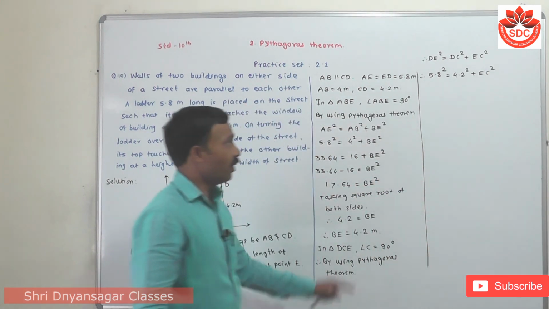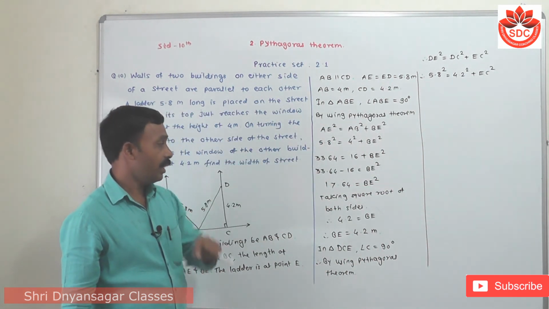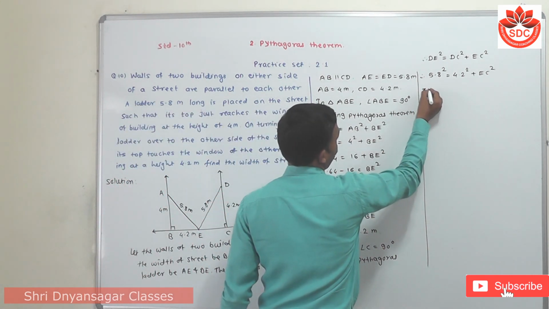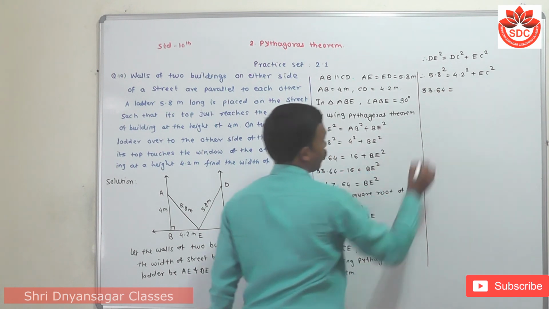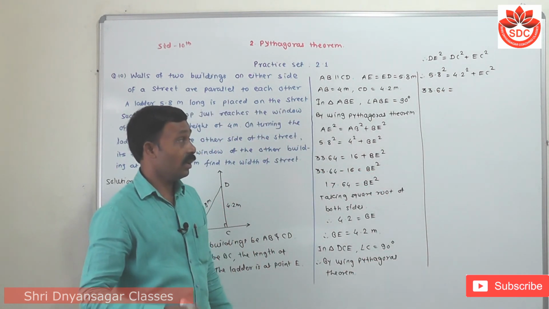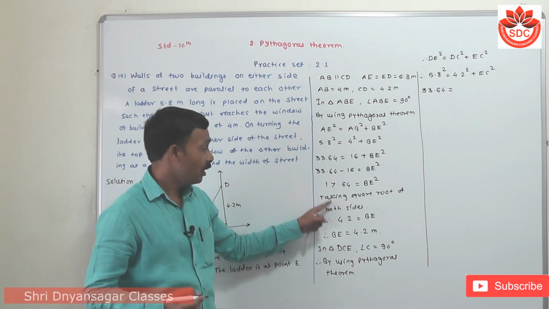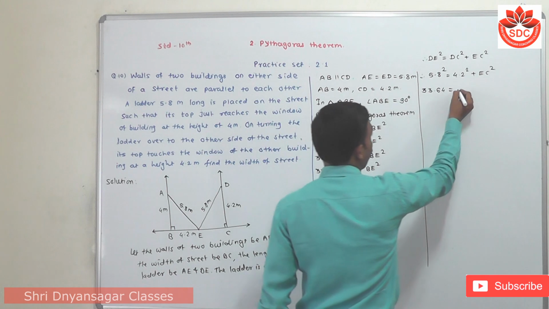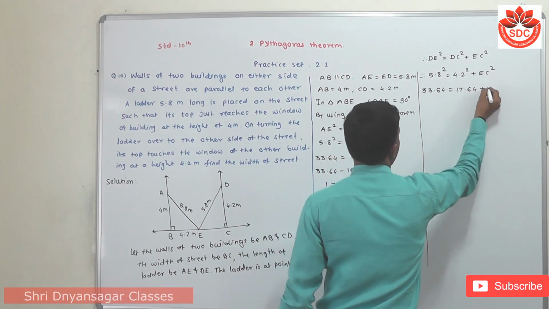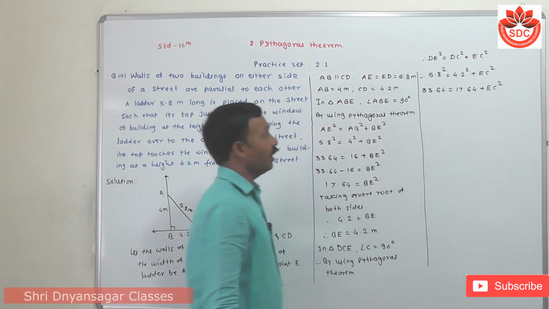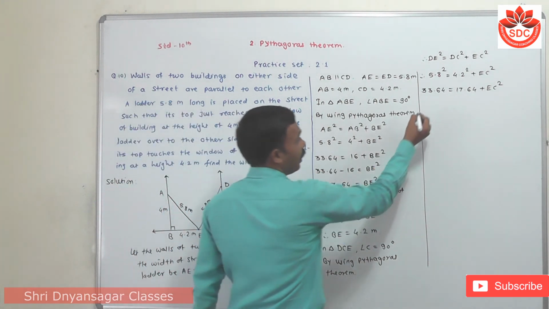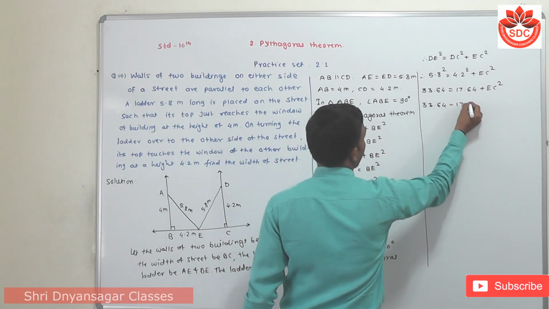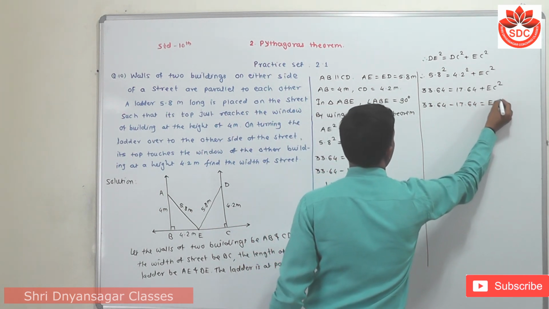Student, we have already found the square of 5.8. 5.8 square is 33.64 is equal to. Now, what is the square of 4.2? This is the square of 4.2, means that 17.64 plus EC square. Okay, then transpose to the other side, we get 33.64 minus 17.64 is equal to how much?